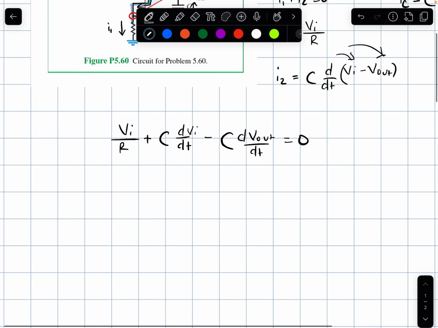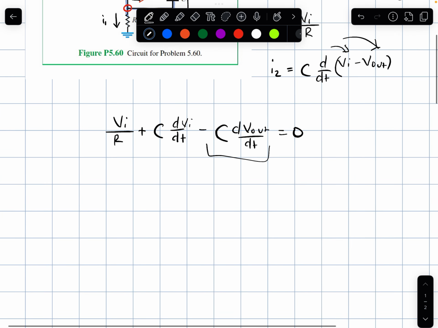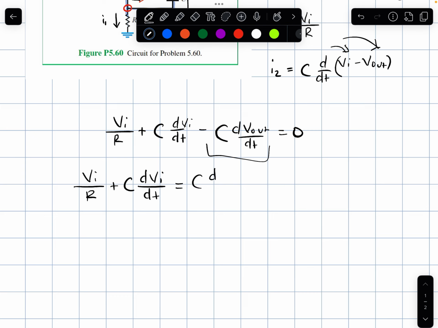Now we want to move this term to the other side. So Vi over R plus C dVi dt equals C dV out dt. There you go. Now we have it in terms of that.